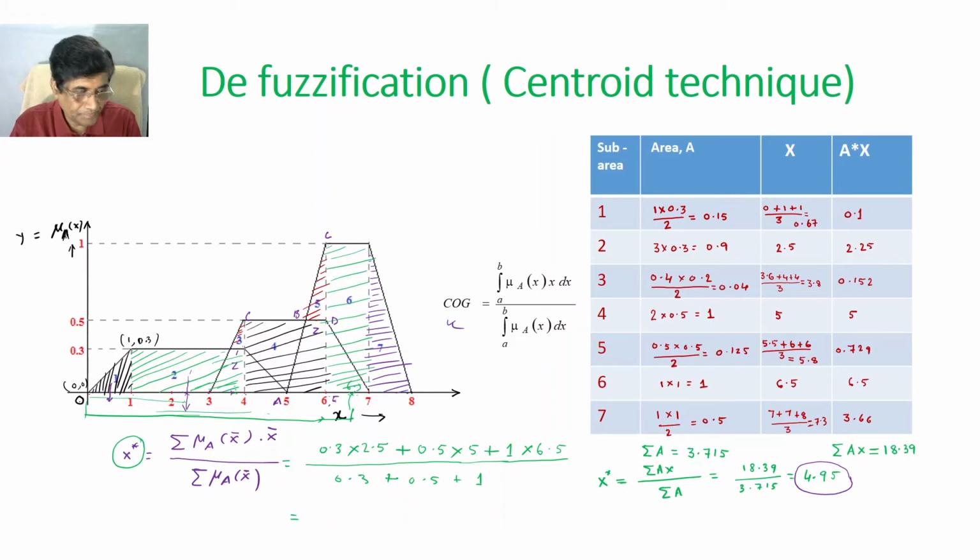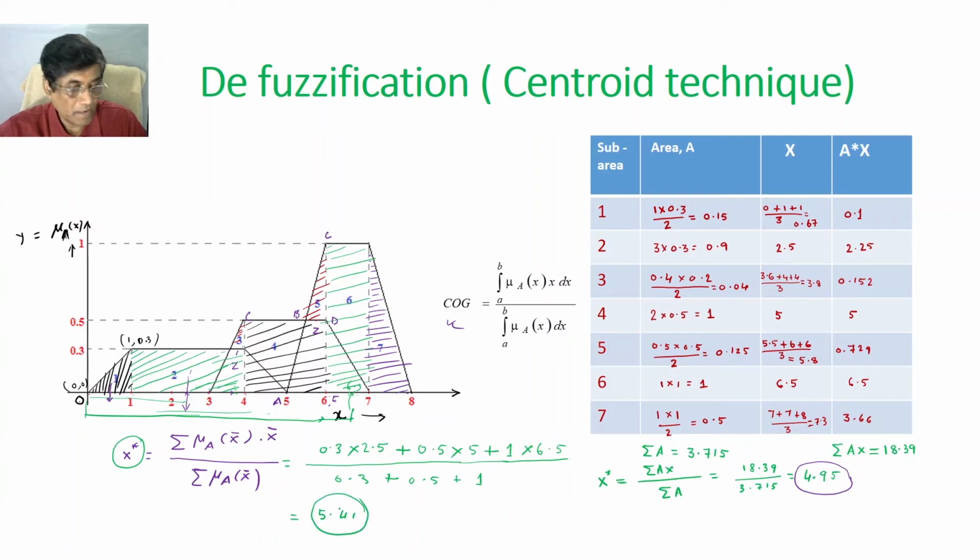Let us calculate: 0.3 multiplied by 2.5 plus 0.5 times 5 plus 1 times 6.5, divided by 1.8 equals, it should be 2.5 divided by 0.3 plus 2.5 plus 6.5 divided by 1.8 equals 5.41.